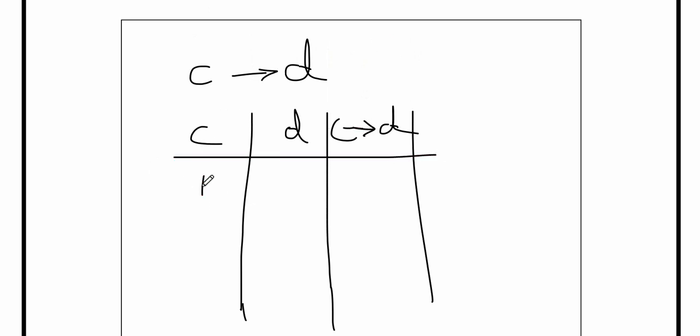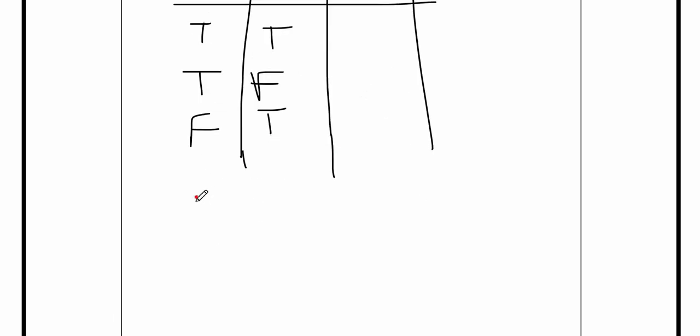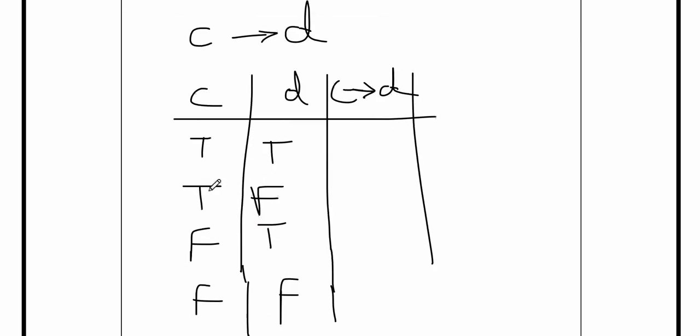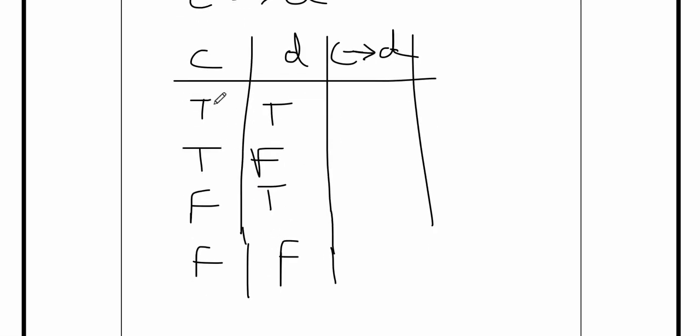So we have only two constants, so there will be only 4 combinations: true true, true false, false true and false false.